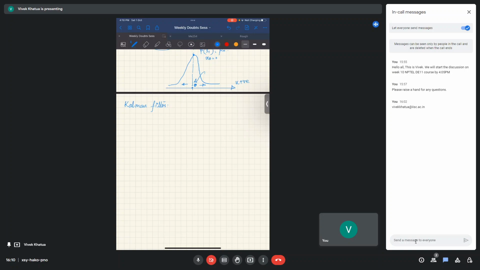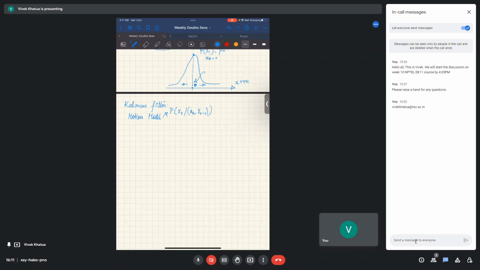The second assumption is that my motion model, like in the Bayes filter, here also we have our motion model, that is nothing but the probability of the new state given a control signal ut and xt minus 1. So this is nothing but our motion model.